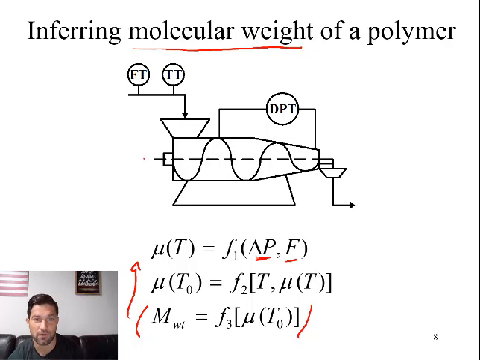So by knowing the flow rate through this extruder reactor and the pressure drop from the entrance to the exit, we can get the molecular weight. Pressure drop measurements are fairly quick and straightforward, and flow measurements are also quick and straightforward. We can use these two measurements to infer the molecular weight of the polymer.